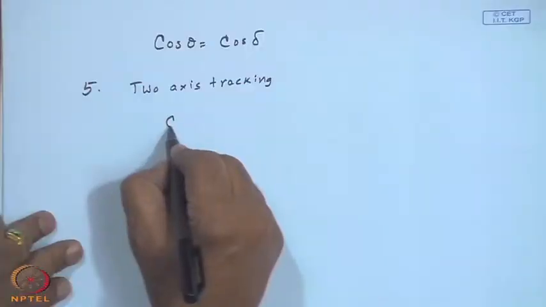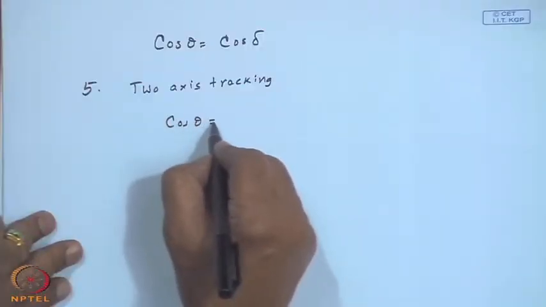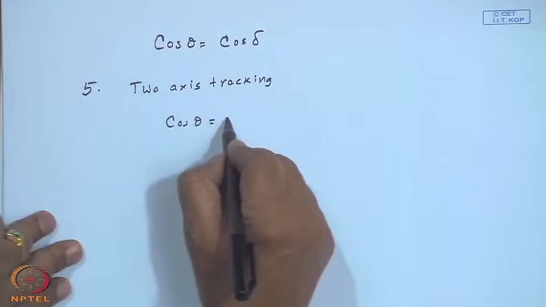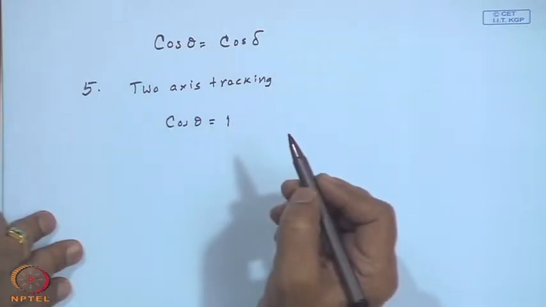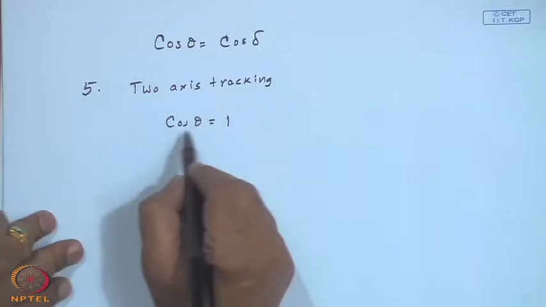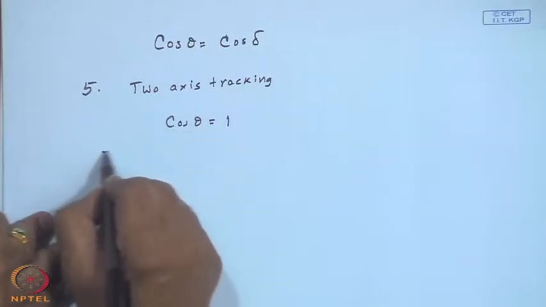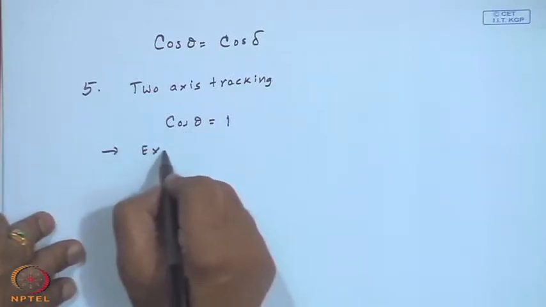So, that cos theta will be equal to 1 all the time. That means theta is equal to 0 degrees, which means the sun's rays will coincide with the outer normal to the surface. So, you can have a little exercise.